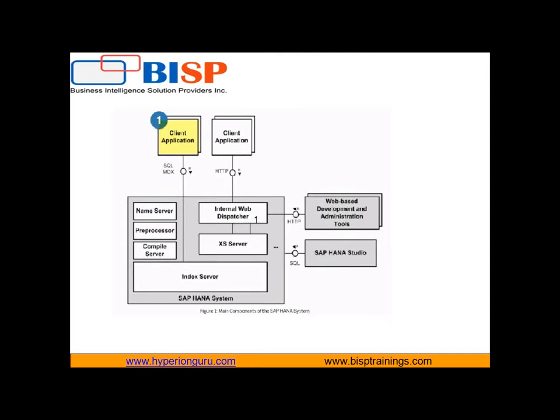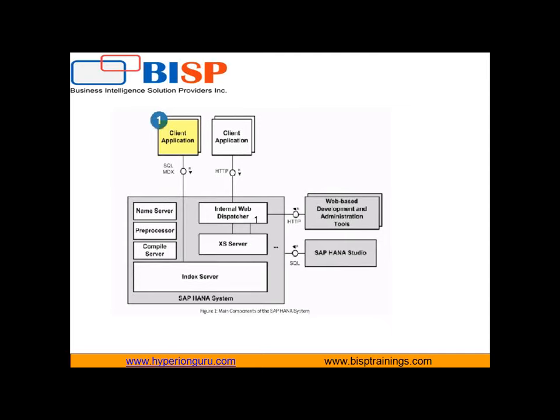As I told you, we have index server, preprocessor, name server, internal web dispatcher, and access server inside this. The index server is the one which will handle any client application. In that, it holds the data and executes all operations as a whole.